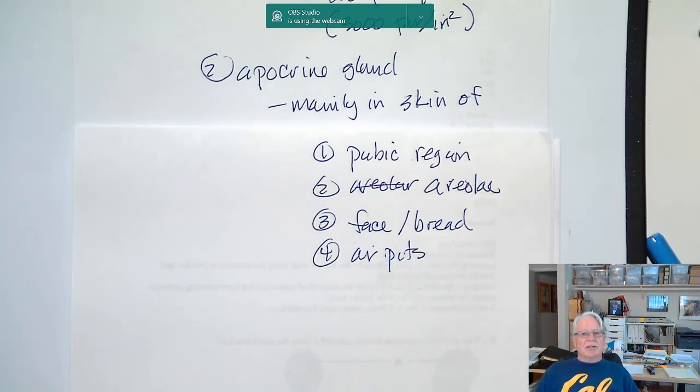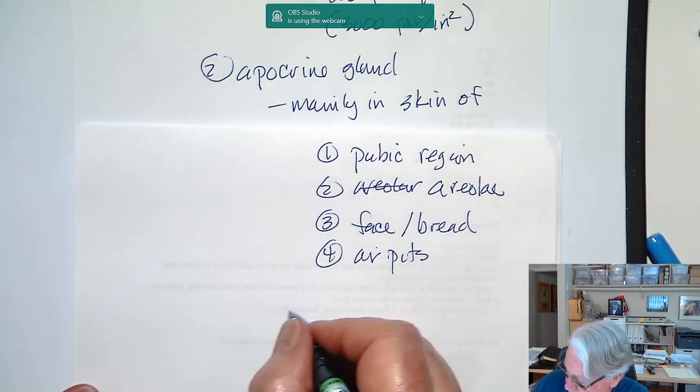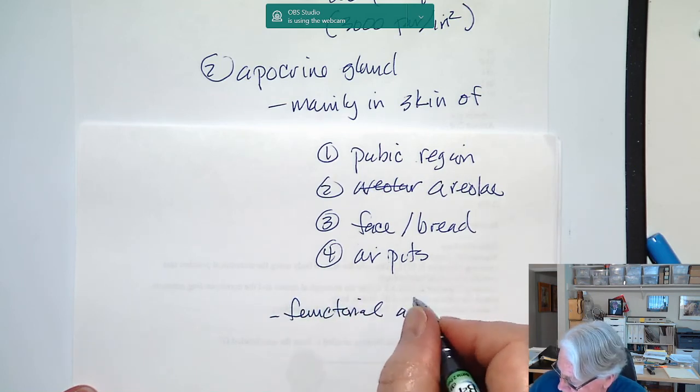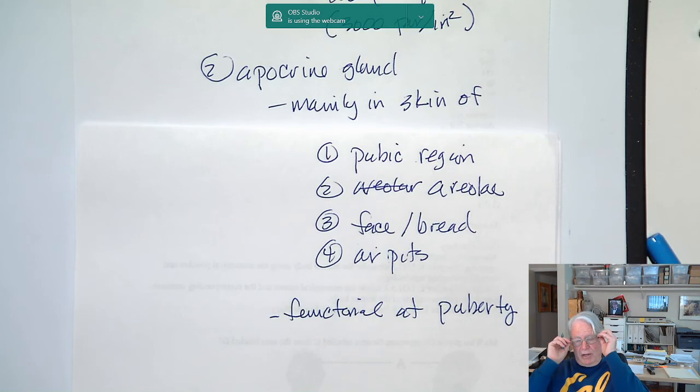Except for the areola, all of those are going to have hair when you enter into puberty. So they are changing. Let me finish the information and I'll put that together in some coherent way. So these become functional at puberty. And all these areas that we just mentioned start to grow hair during puberty, except for the areola.